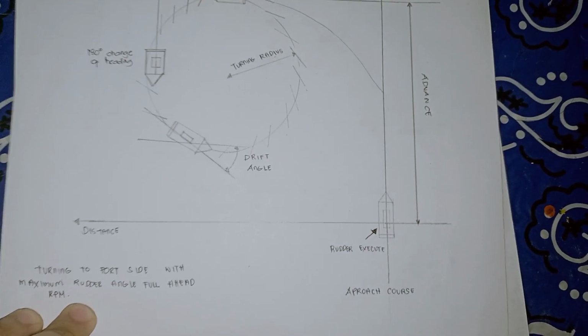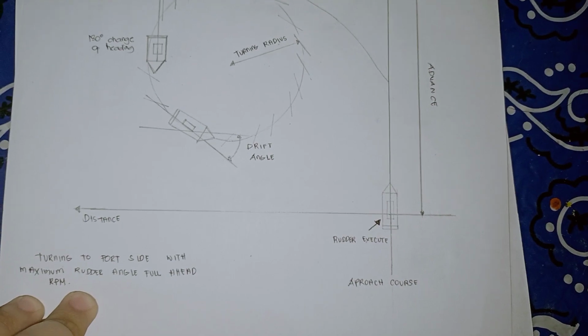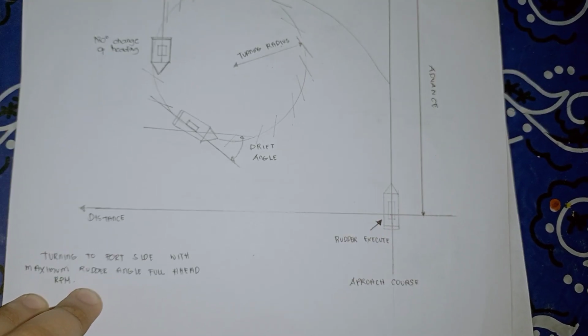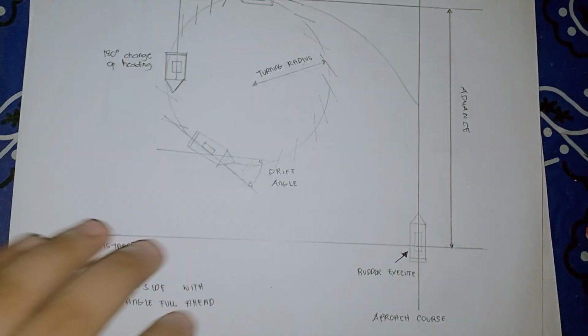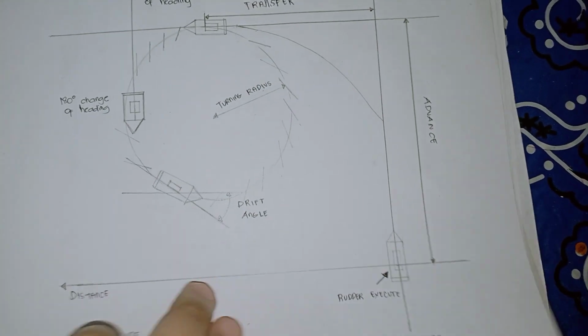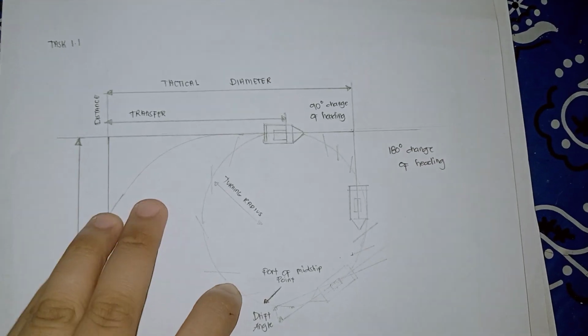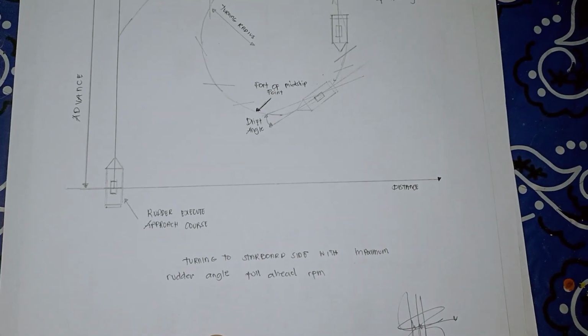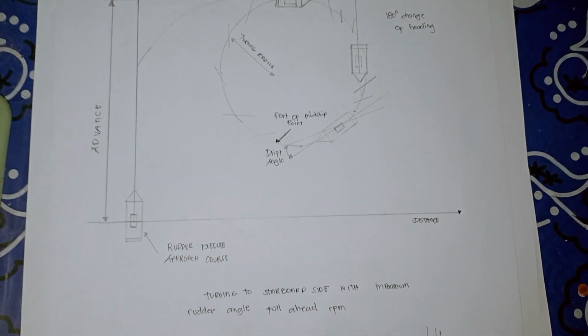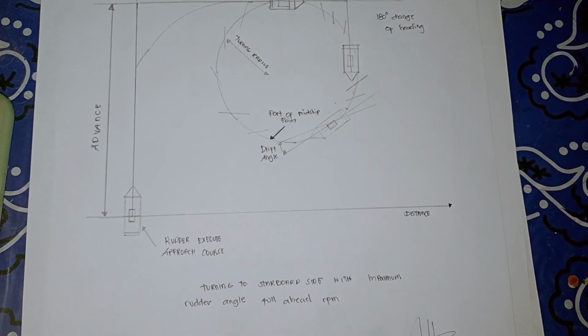So this is turning to the port with maximum rudder angle, full ahead RPM. And for our turning to starboard side with maximum rudder angle, full ahead RPM.